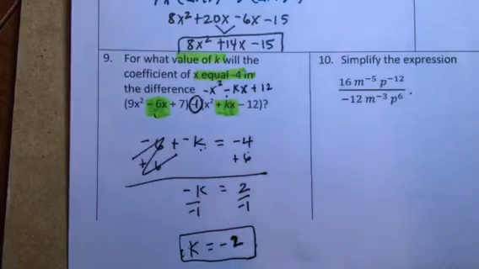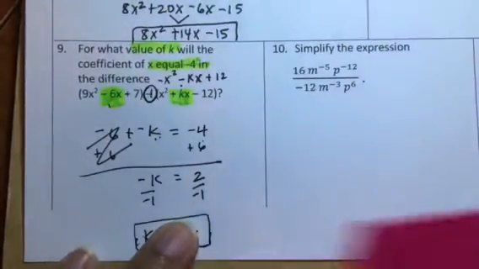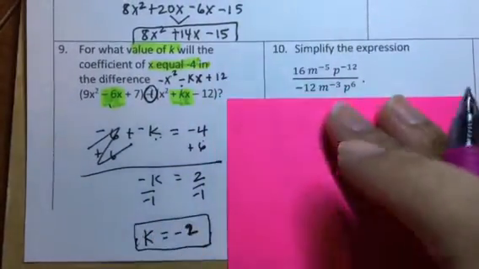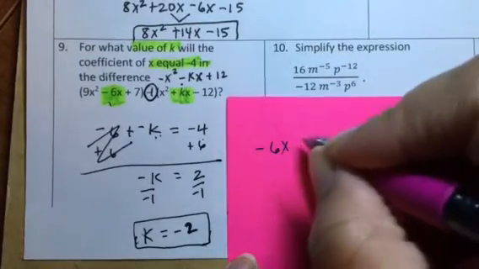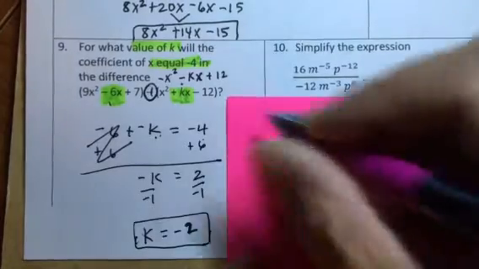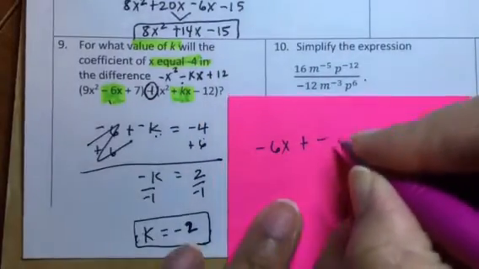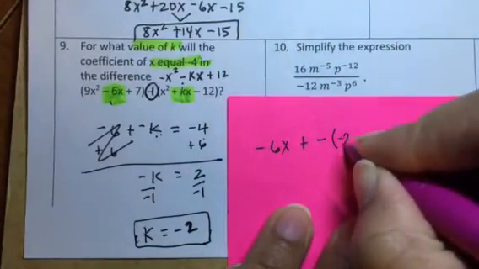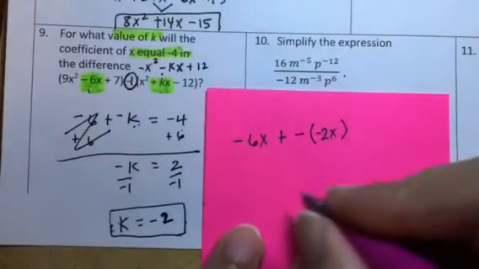Now, for those of you who don't understand what you just did, basically what it's saying is, if I were to plug in -2 to where k is, so I have -6x plus, and remember that it's -2, it's negative, so -2x, is it going to give me a -4x?